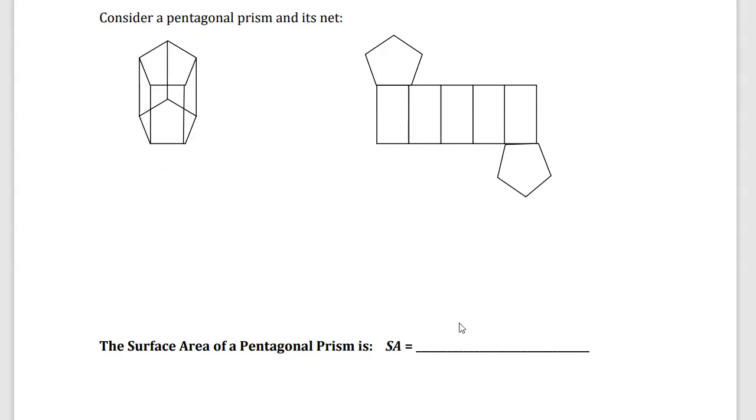With the pentagonal prism, we have to look at this right here, and that's going to add up to the perimeter of this base. So again, P is going to be the perimeter of the base.